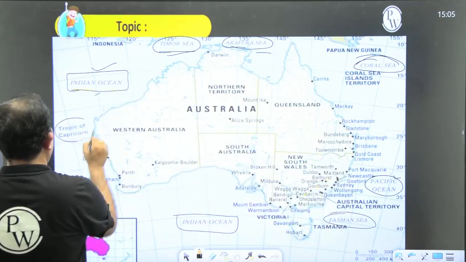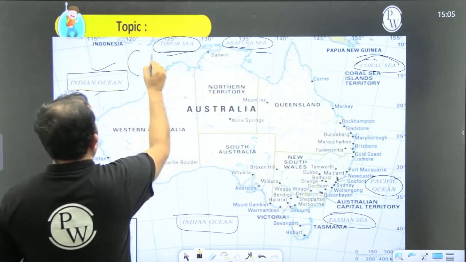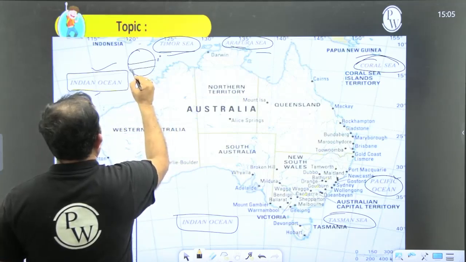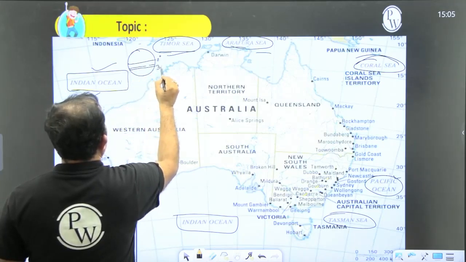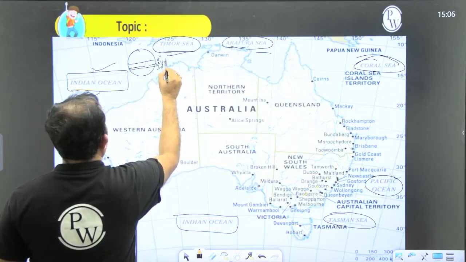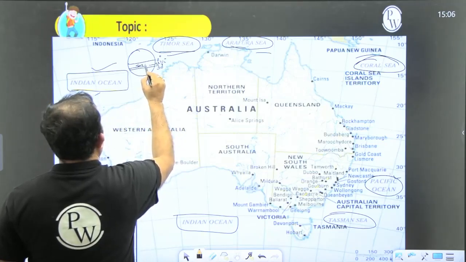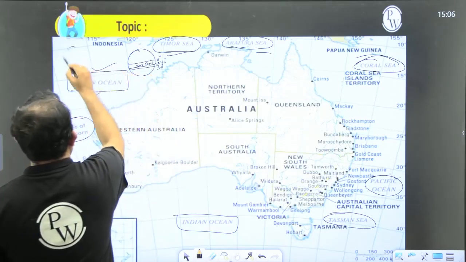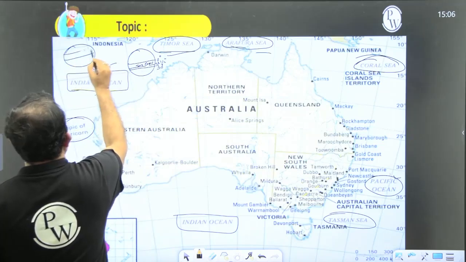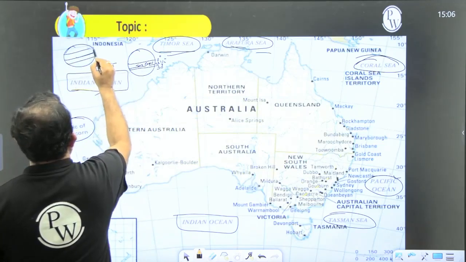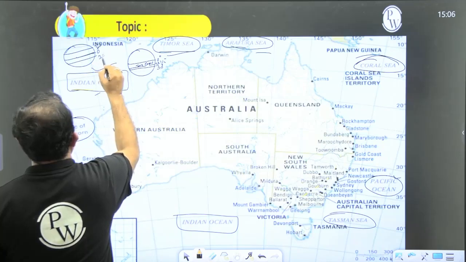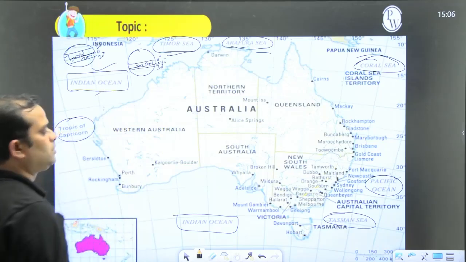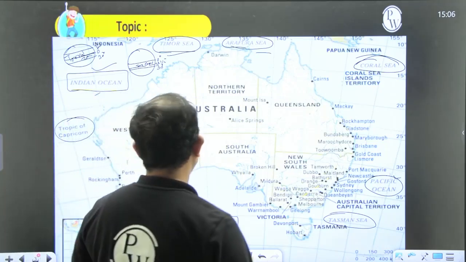If I make a diagram, this is the equator, 0 degree, then the Tropic of Cancer here, and 23.5 degrees is the Tropic of Capricorn. So this is a torrid zone. The torrid zone on the earth lies from 0 to 30 degrees north and south, right?